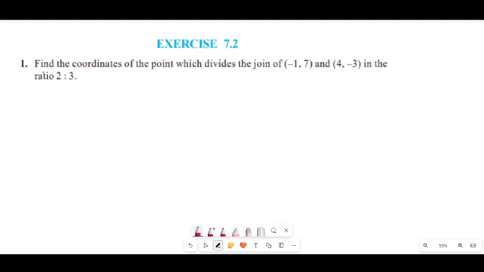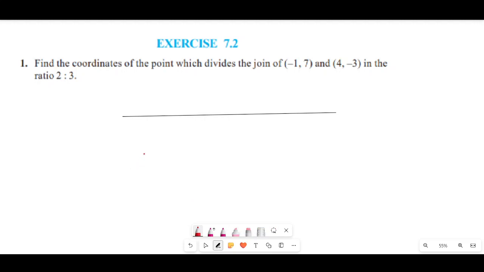First question says: find the coordinates of the point which divides the join of two points (-1, 7) and (4, -3) in the ratio 2:3. First we should draw a line. This is a line.